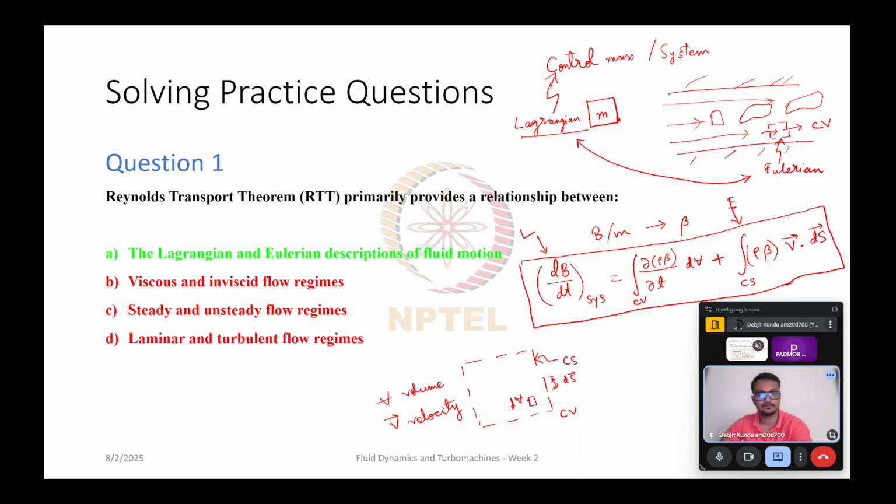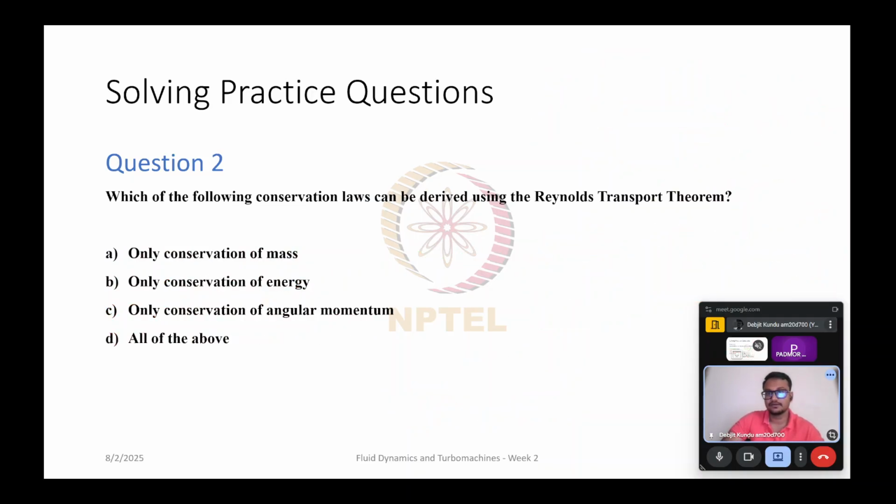Let's move on to question number two, which asks which of the following conservation laws can be derived using the Reynolds transport theorem. Week two has been on the application of different integral analysis of fluid flow to analyze flow dynamic systems, and one important theorem there is the Reynolds transport theorem, which lets us connect the Eulerian frame of reference with the Lagrangian frame of reference.